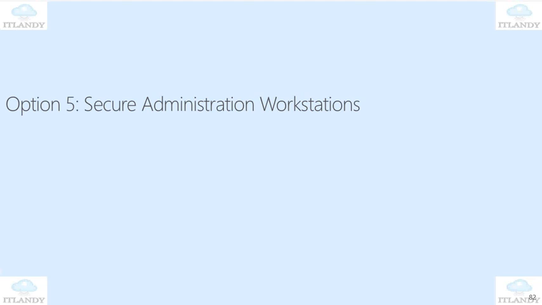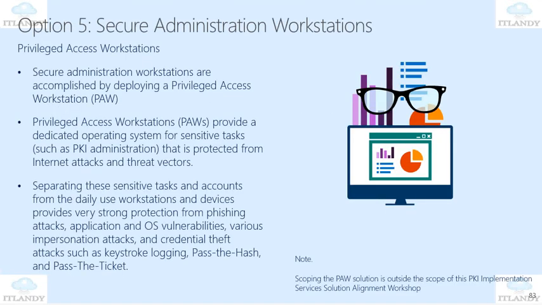The last part for option 5 is the administration workstation. Privileged access workstation, or PAW, not PAM. Secure administration workstations are accomplished by deploying privileged access workstations. A privileged access workstation provides a dedicated operating system for sensitive tasks such as PKI administration that is protected from internet attacks and threat vectors.